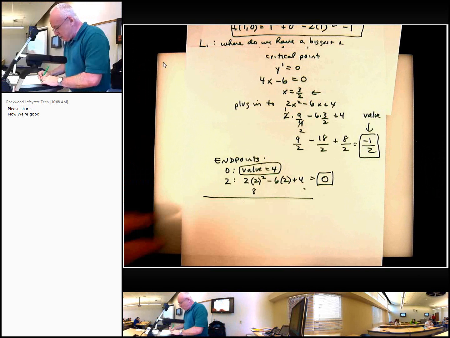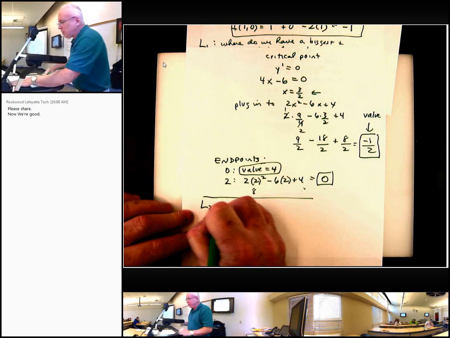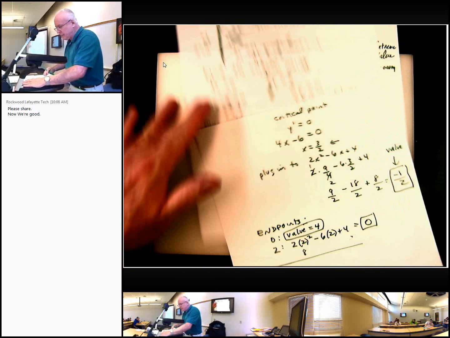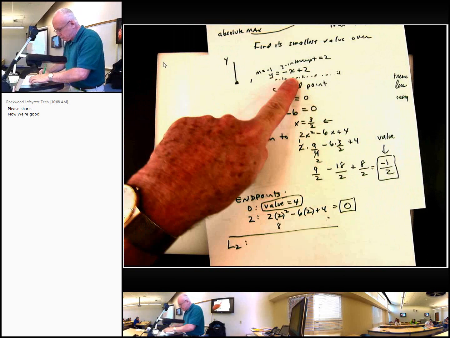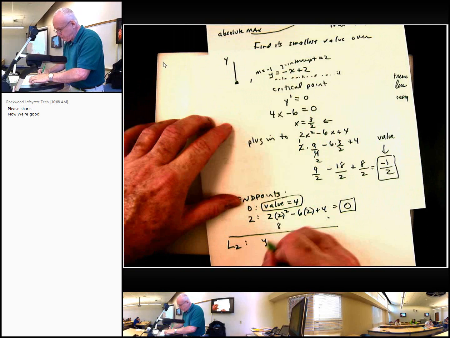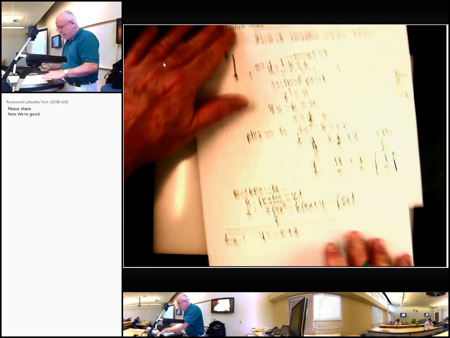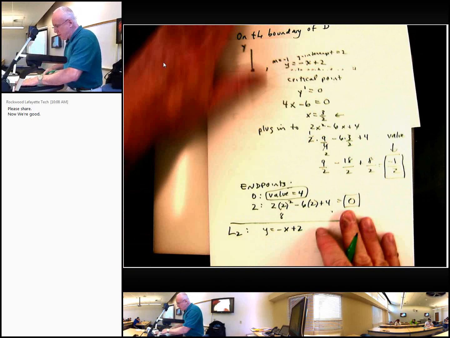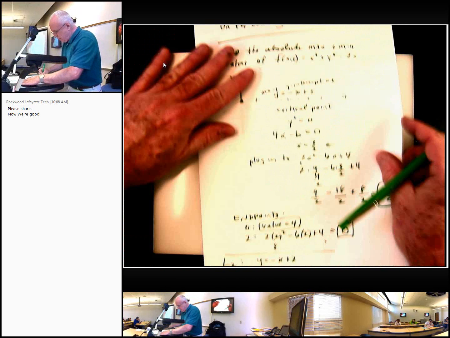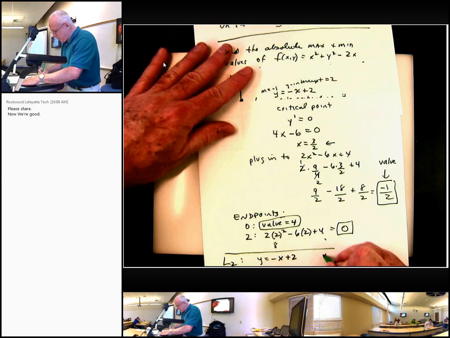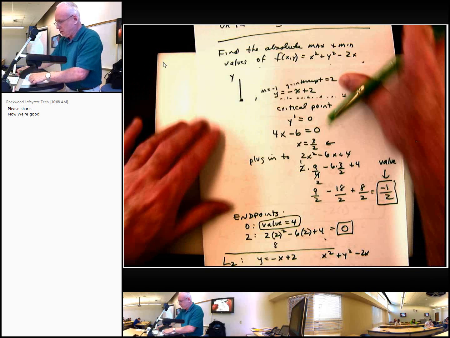All right, let's now look at L2. So what did we, let's go back. L2 was y equals minus x plus 2. And we plug that into our function, which is, our original function is x squared plus y squared minus 2x.